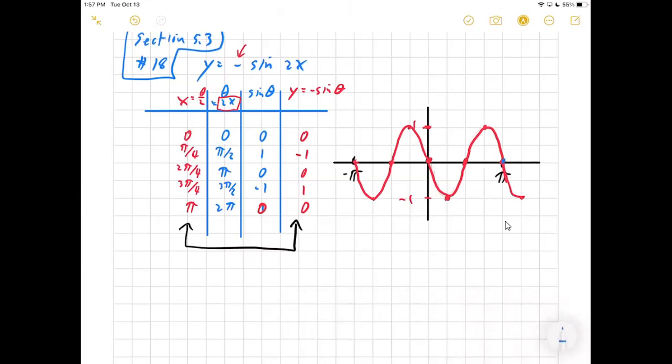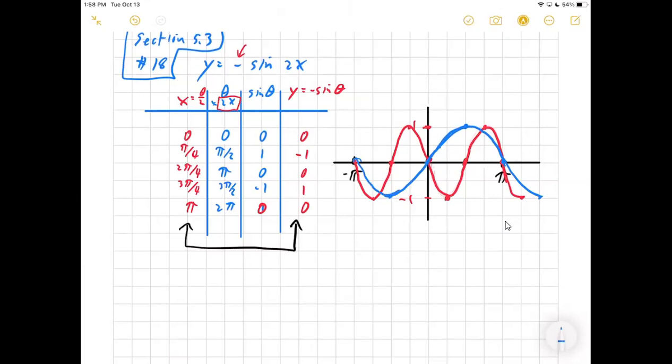The sine from 0 to pi would look like what I have in blue, and if I kept on going, it will do something like this. And if I draw that in the other direction, we're going to go down to a value of -1 here and back up. Okay, it's going to look something like that.